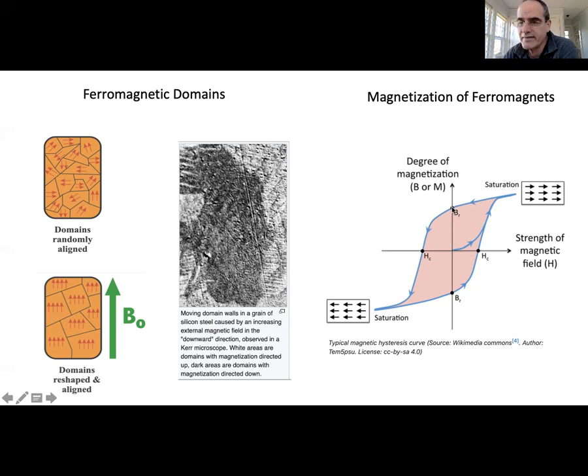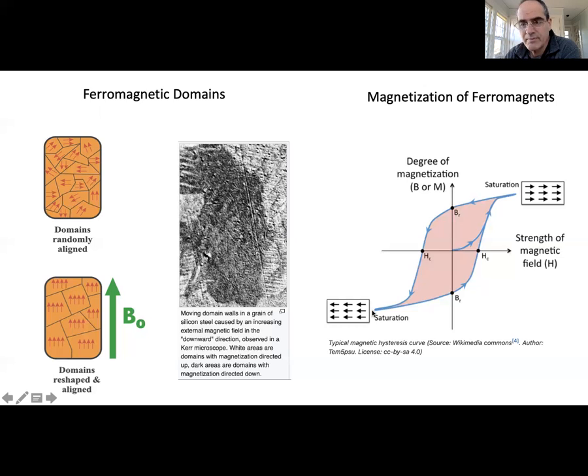If we now increase the external field in the other direction, going to negative values of H, the positive magnetization remains until finally we get to a point where the direction of the magnetization switches from positive to negative. This occurs at the coercive field, H sub C. After that, as we continue to increase H in the negative direction, we reach saturation once again, all the spins pointing in the same direction.